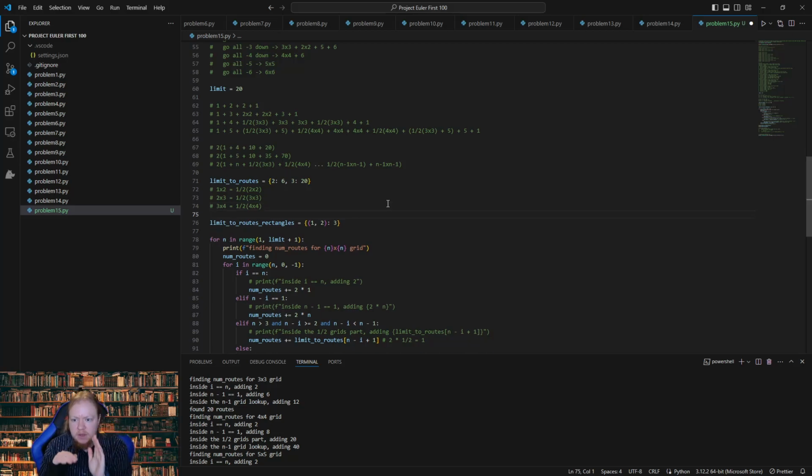So let's think about the extension of that pattern, right? So that pattern becomes n minus 1 times n grid is a 1/2 of n by n.